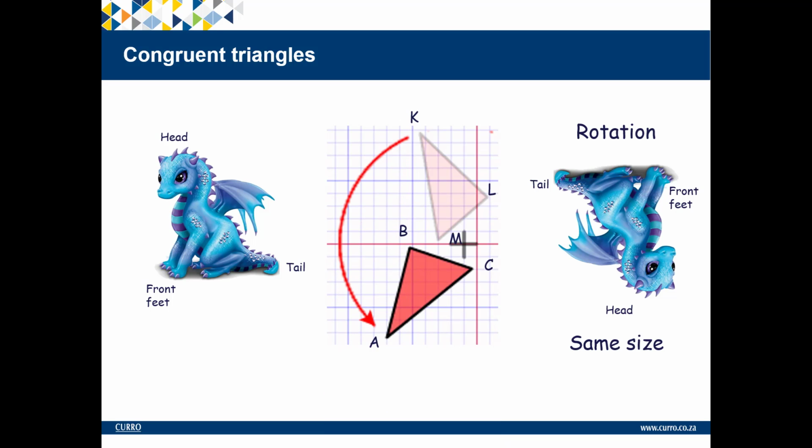So if we have a triangle ABC, and we rotate this triangle, we have to say the image of triangle ABC is triangle KLM, not LMK, because the corresponding angles must be mentioned in the same order. So the corresponding angle for A is K, and for B is L, and for C is M. So we have to use that same order.